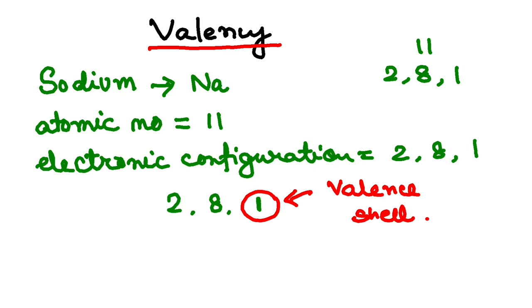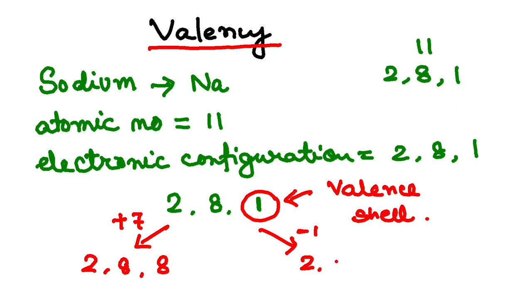One, it can take 7 electrons from somebody and become 2, 8, 8. Or if it releases 1 electron, it will become 2, 8. Now you must be wondering why it should do that. For that, a little background knowledge is required.